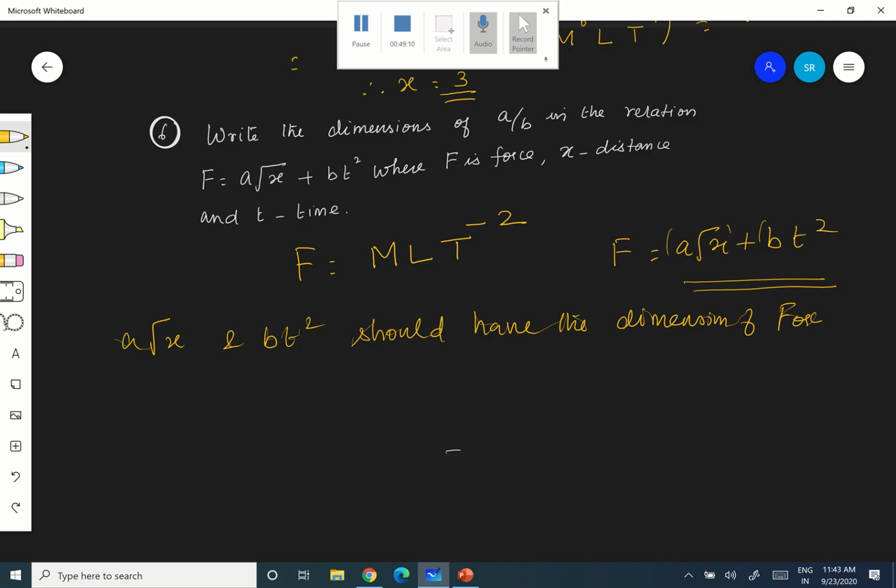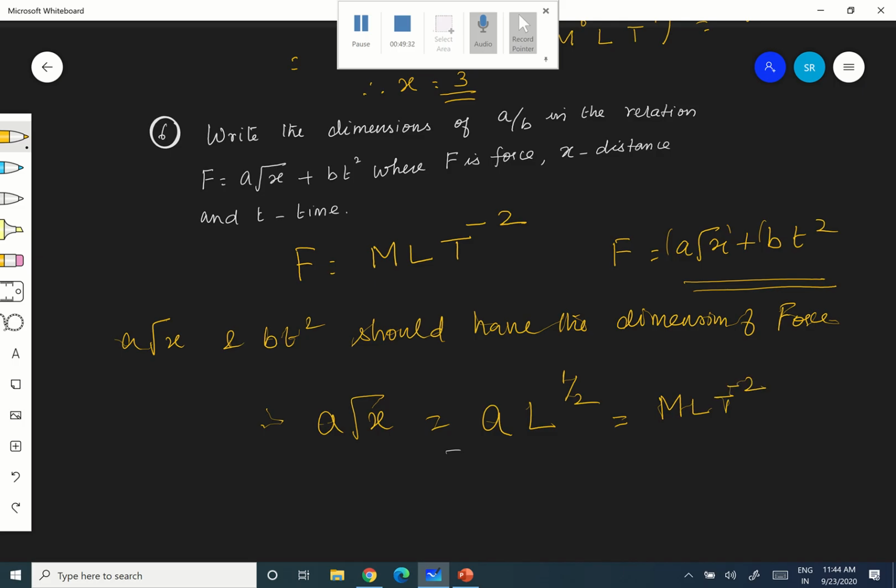Therefore, a root x: x is length, so L power half. A L power half should be equal to force, that is M L T power minus 2.